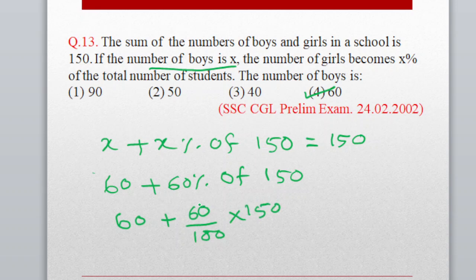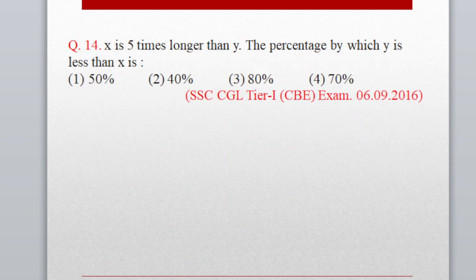So here this 0 cancels this 0, 15 6s are 90, so that is equal to 60 plus 90, which is 150. That means here LHS is equal to RHS, so here option 4 is the right answer. Now next question, that is question number 14.